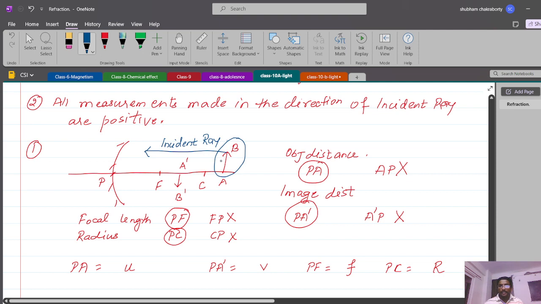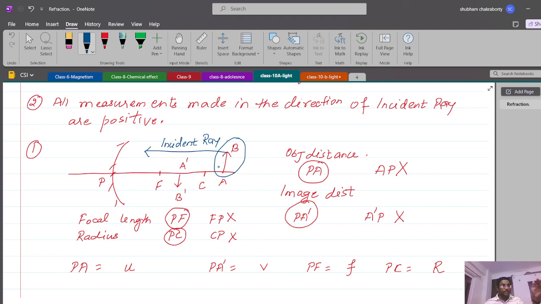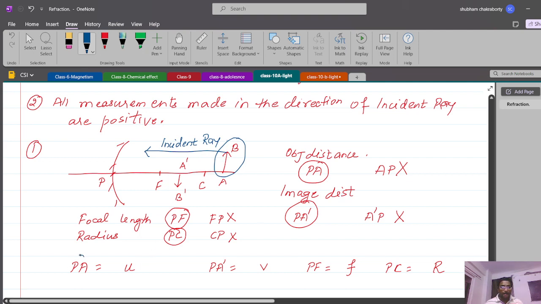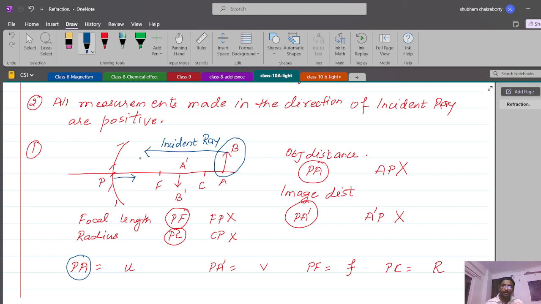So the incident ray is going from the object towards the mirror. Now how have we named it? The object is named as PA. That means when we are measuring the object, it is going from P towards A. But the incident ray is opposite. It is going from the object towards the mirror. So these two are opposite to each other.